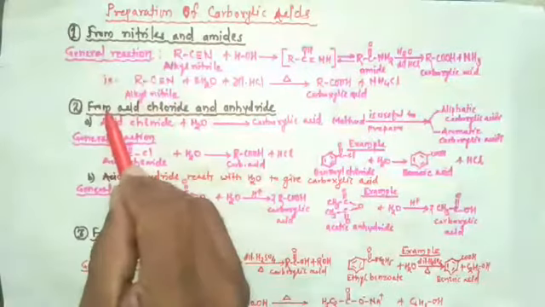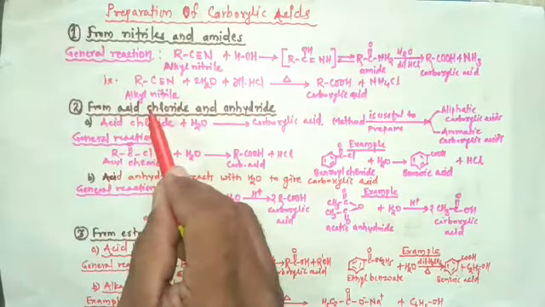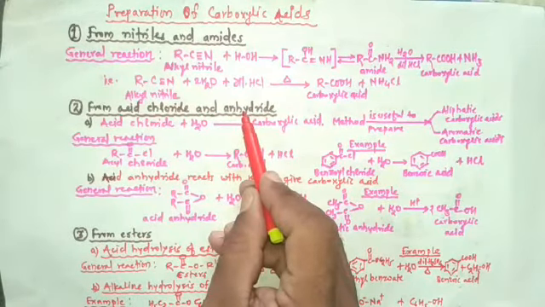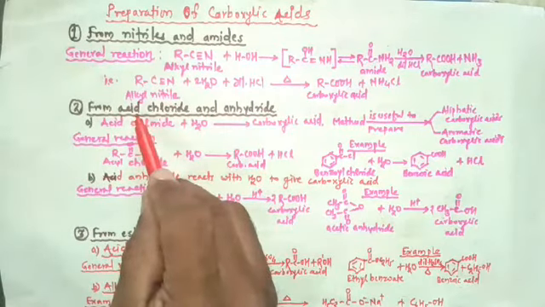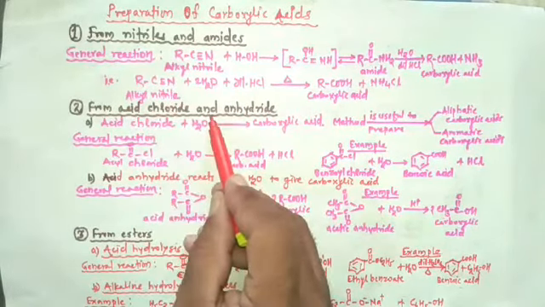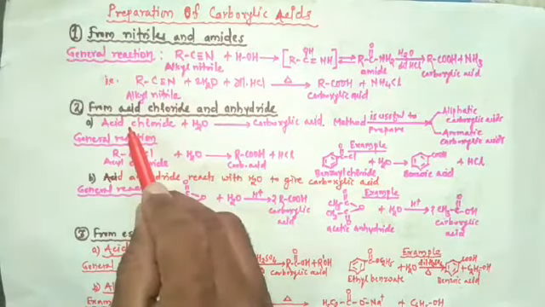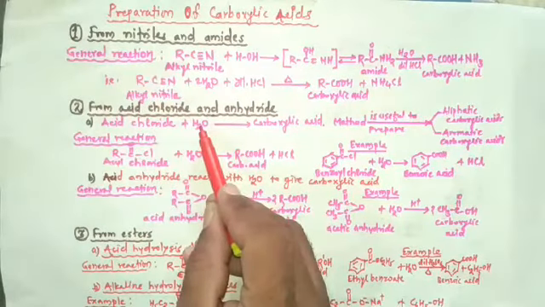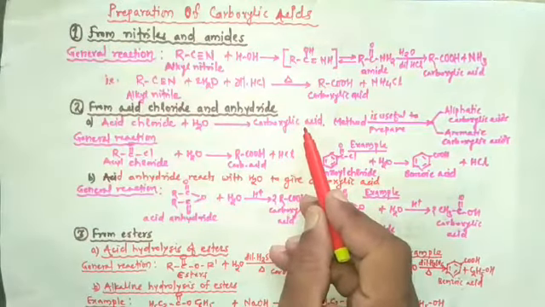Then the next method is from acyl chloride or anhydride. Preparation of carboxylic acid from acyl chloride and anhydride. So acyl chloride on reacting with water produces carboxylic acid.